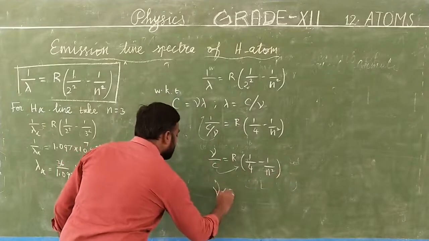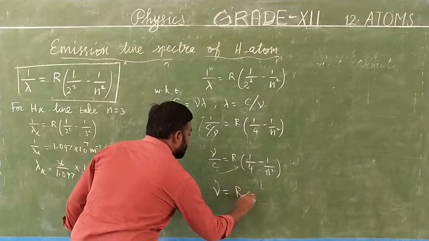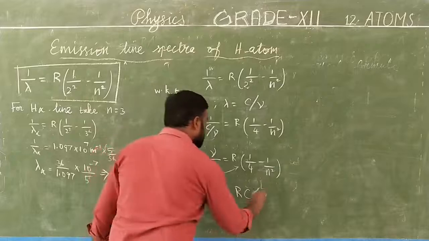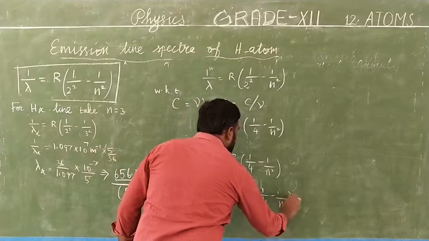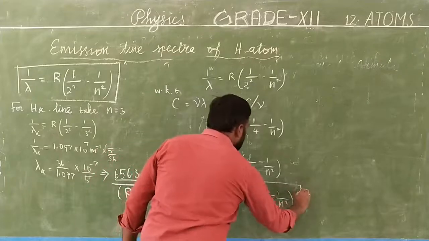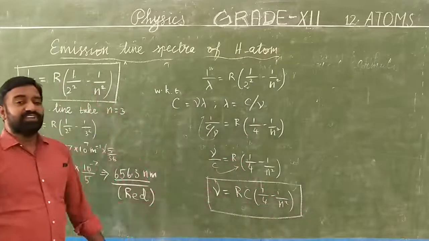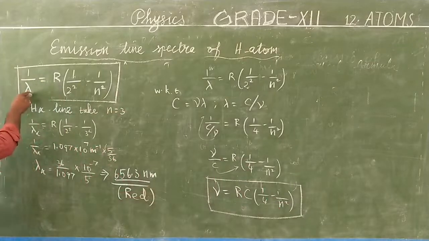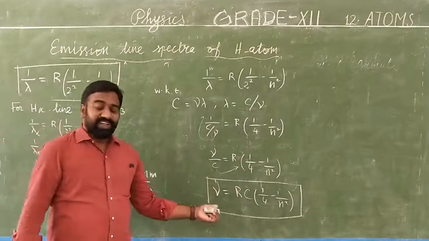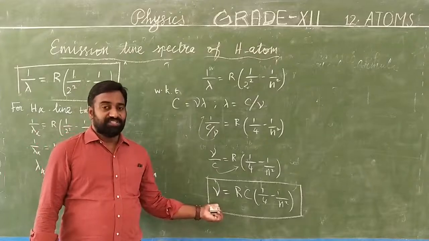So finally, the frequency is equal to Rydberg constant times the speed of light times 1 by 4 minus 1 by n square. This is a formula we can use to calculate the frequency of the emitted spectrums. So here we determine the spectral wavelength, and also we can find the frequency of the emitted radiations.